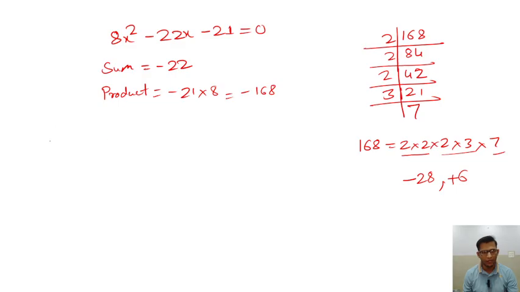So I have to break the middle term minus 22x in the form of minus 28x plus 6x minus 21 equal to 0.